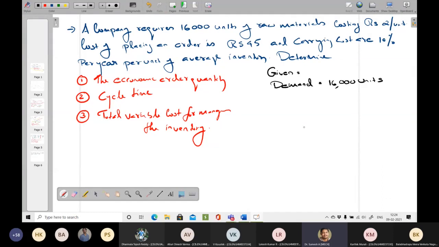So demand equals 16,000 means S equals 16,000. Then the unit cost Cu is given, so Cu is rupees 2. Then cost of placing an order is C0, so C0 is given as rupees 45.